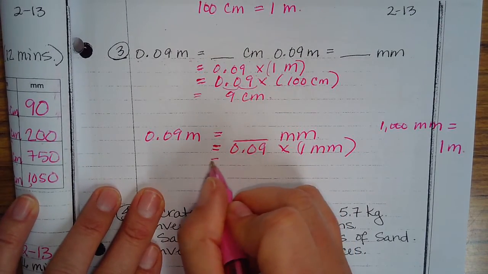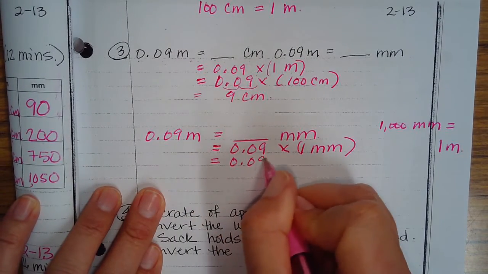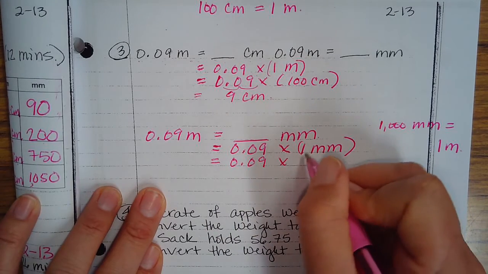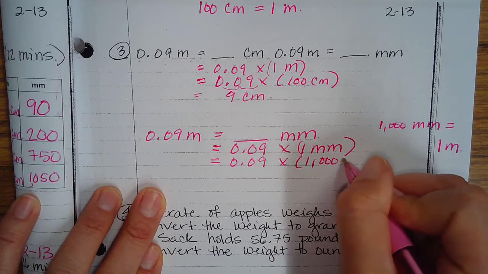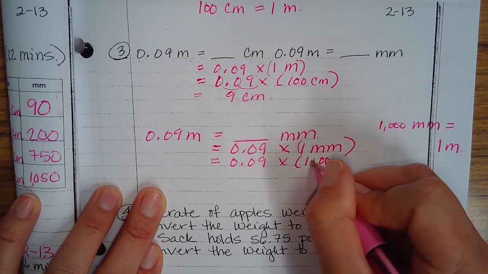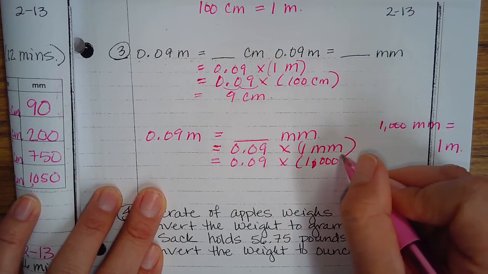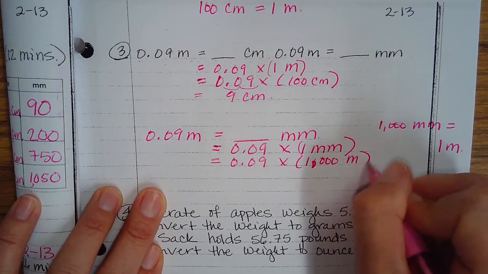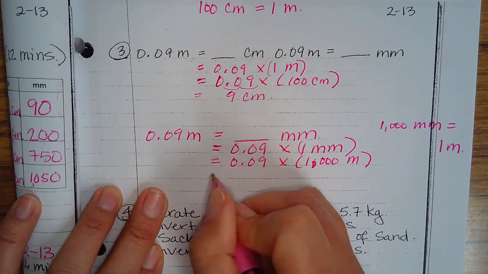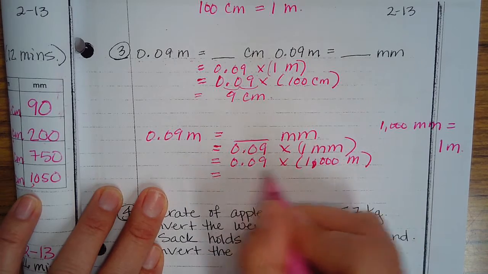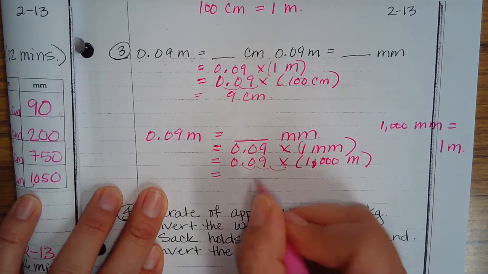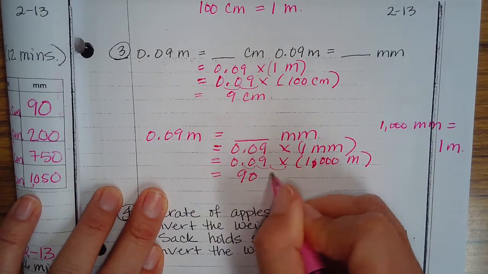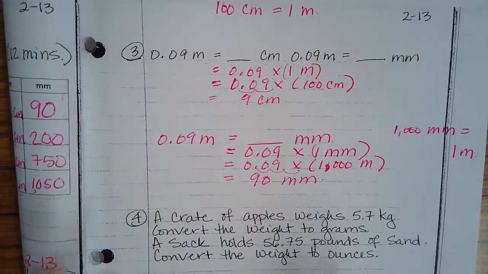So we're going to go 0.09 times 1,000 millimeters. All right, so now I'm going to move my decimal point 1, 2, 3. And I end up with 90 millimeters.